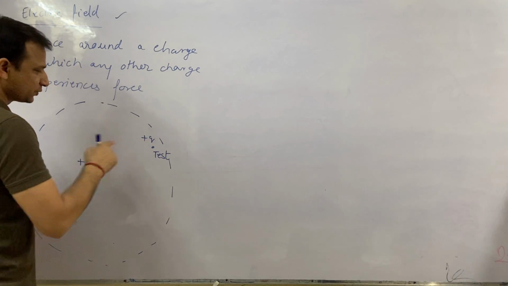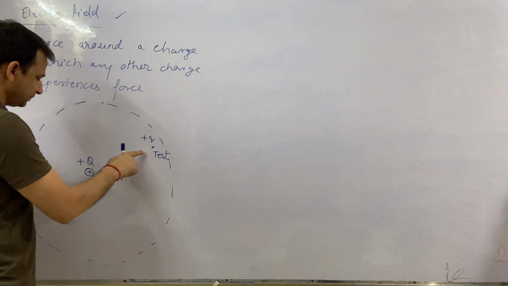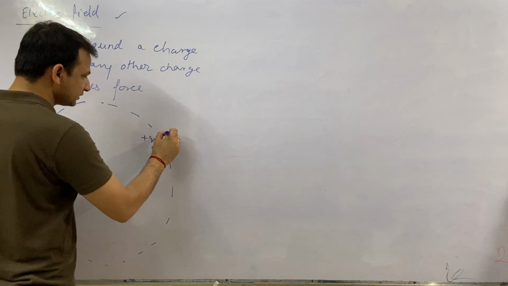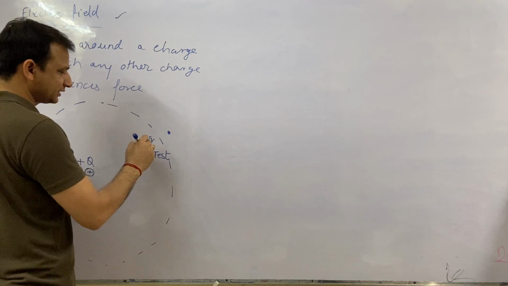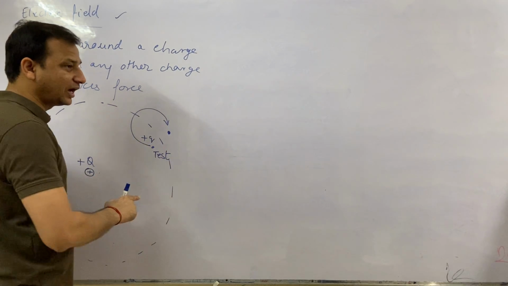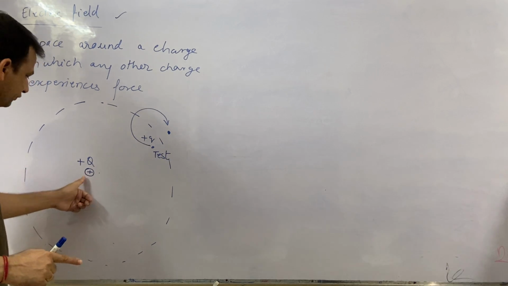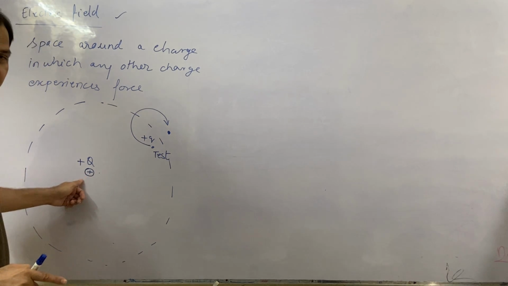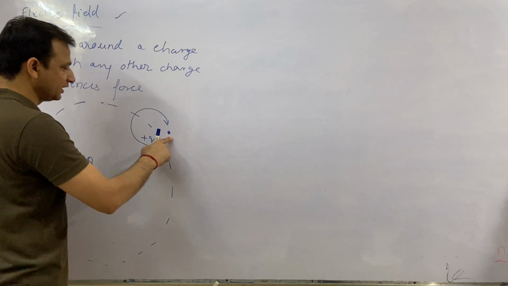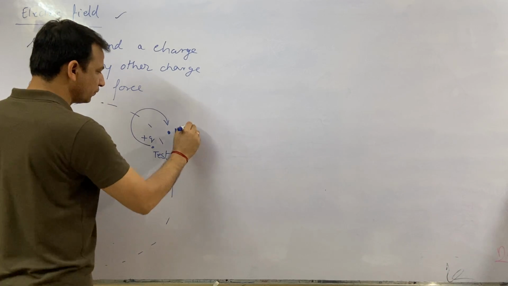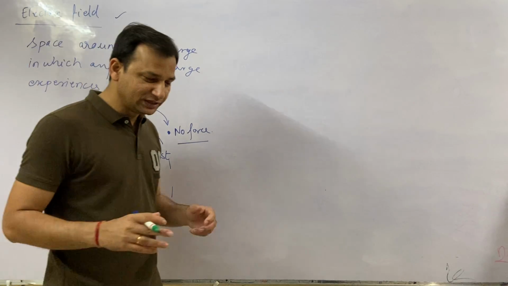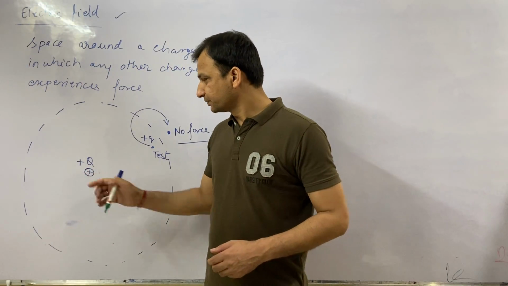This charge will experience force of repulsion within this region. If I bring this test charge somewhere here, now it is out of the electric field of this plus Q charge kept at the center of the circle. So it will not experience any force. Why no force? Because it's out of the field of this charge.